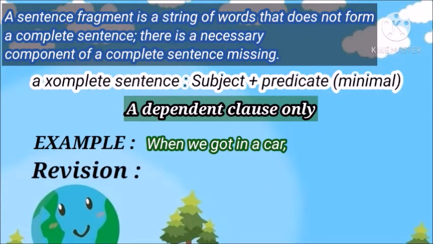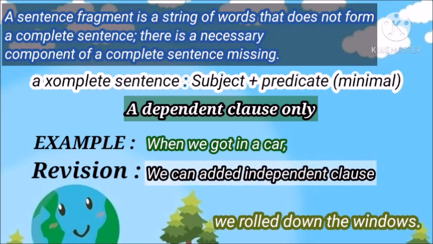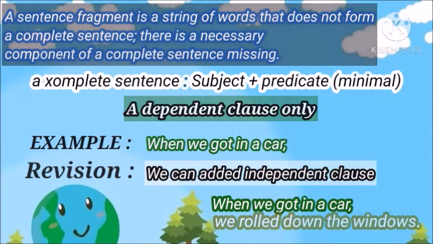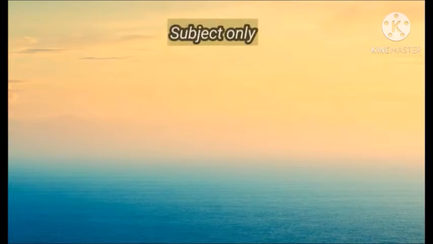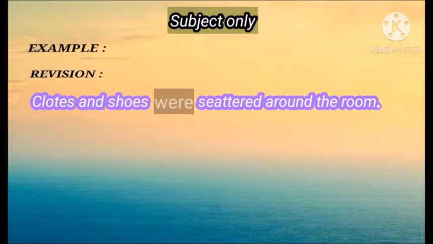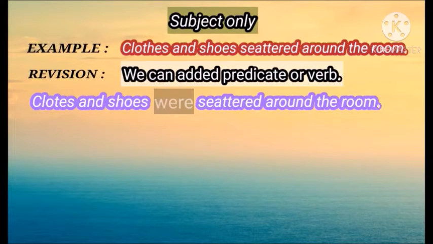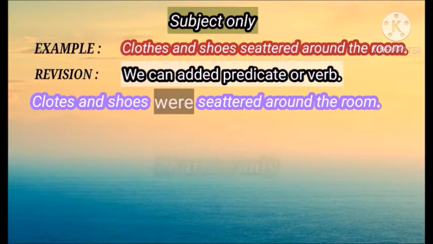First fragment, the sentence only contained a dependent clause. For revision, we can add an independent clause. Next, the sentence only contained a subject. For revision, we can add a predicate or verb.